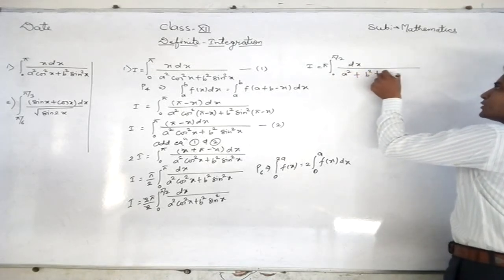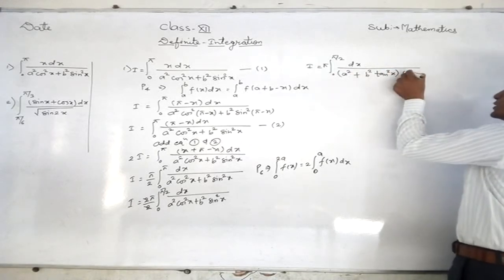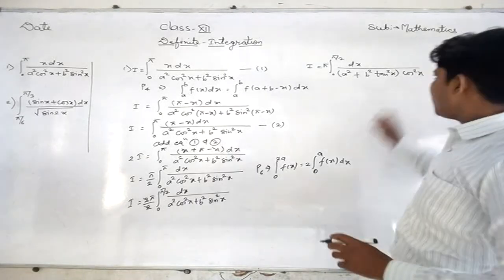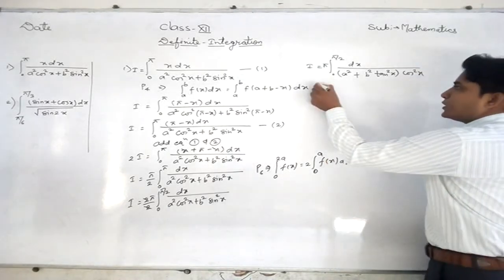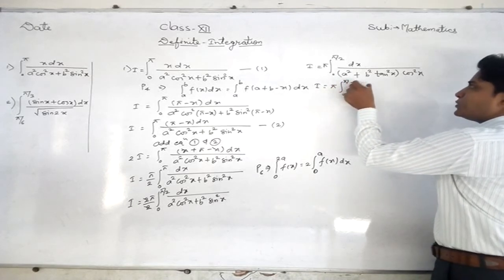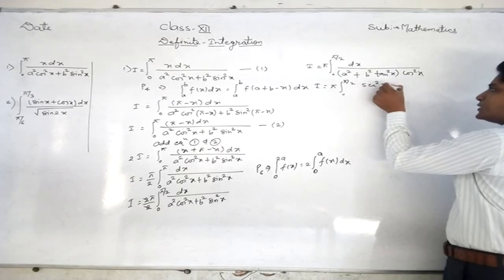Now we get pi, 0 to pi by 2, 1 by cos square x, which means sec square x, dx. We take b square as common, so here it is b square times a by b whole square plus tan square x.